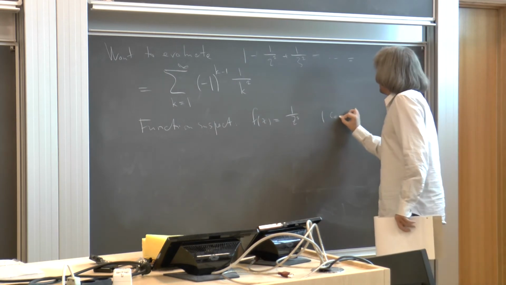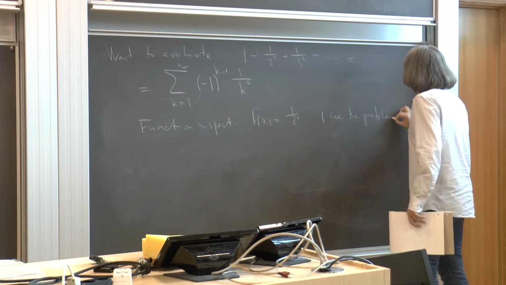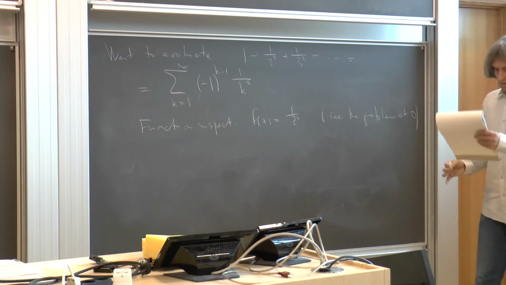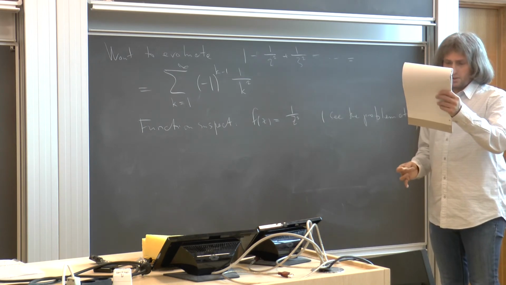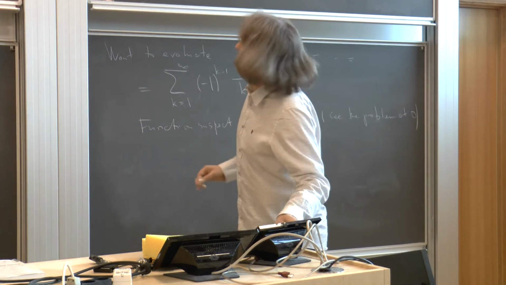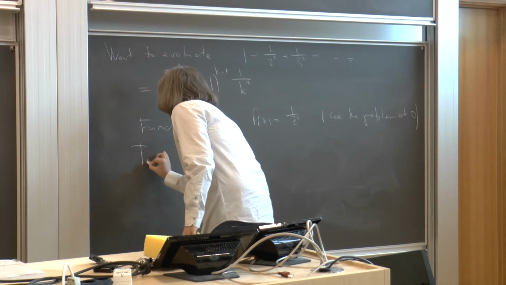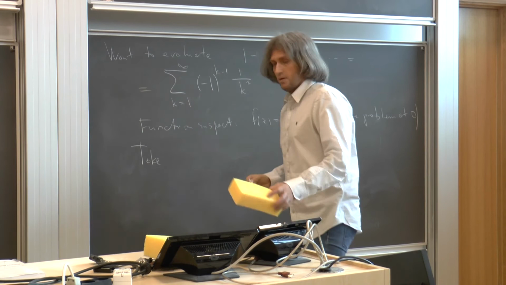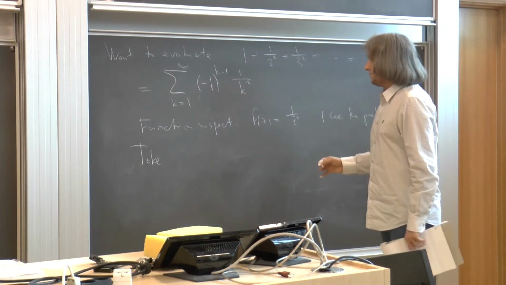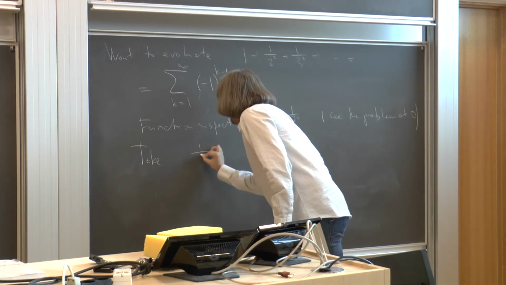Then we take the function, I'll choose a path, but right now take the function 1 over z squared.